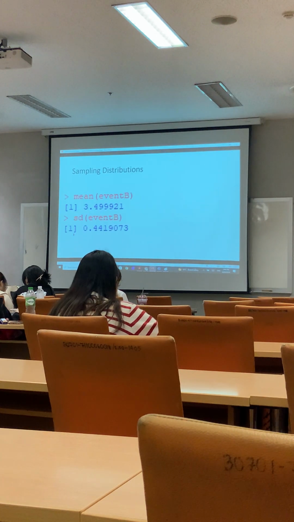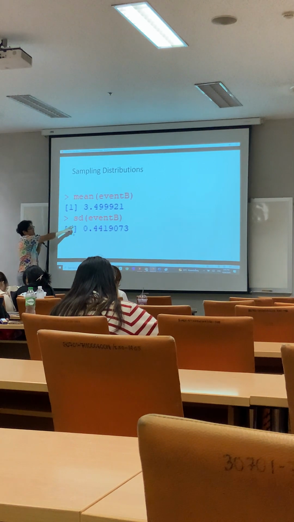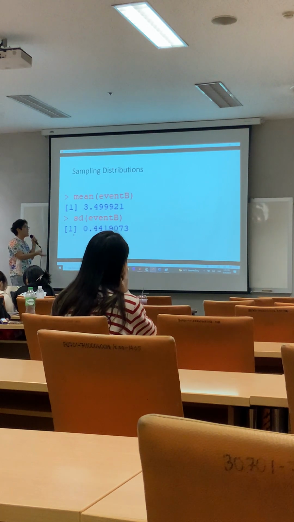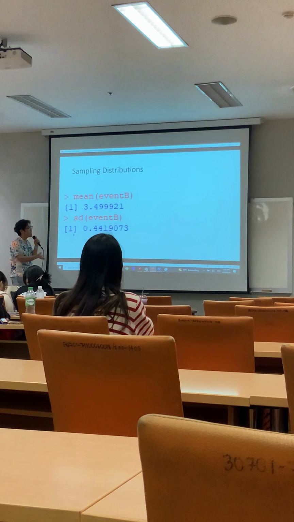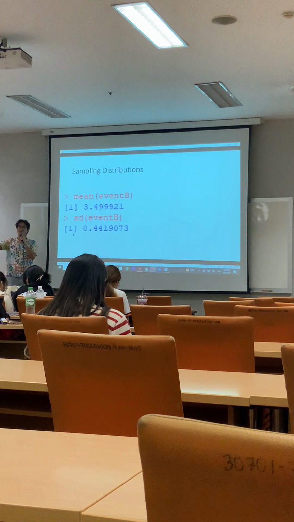Right. Okay, so now when n is 15, you can see that again the mean of all the sample means is close to 3.5, but the standard deviation is not close to the population standard deviation, because that should be 1.71, but this is 0.44. So it means that whereas the mean of the sample means is close to the true population mean, the standard deviation is not.